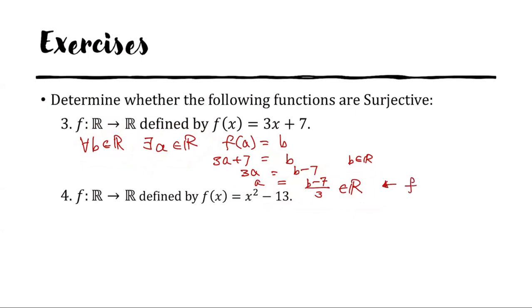We have f of b equals a. What's f of b? f of b equals b minus 7 over 3. So this is your inverse function. But we will talk about this a little later, right? We are able to find the inverse function because this is an injective function. We show this is a bijective function.